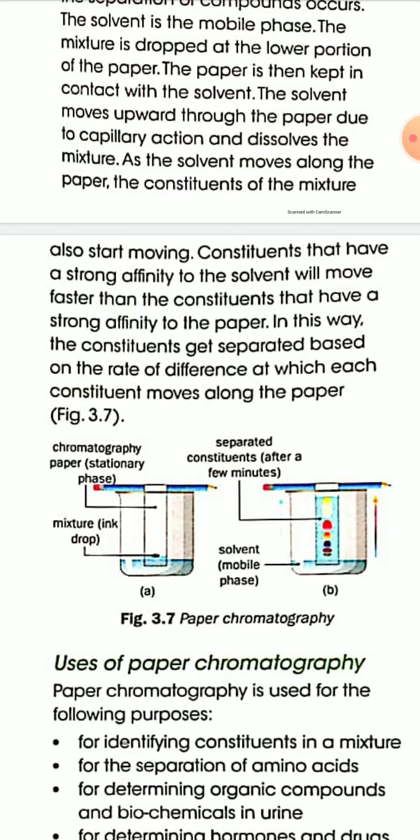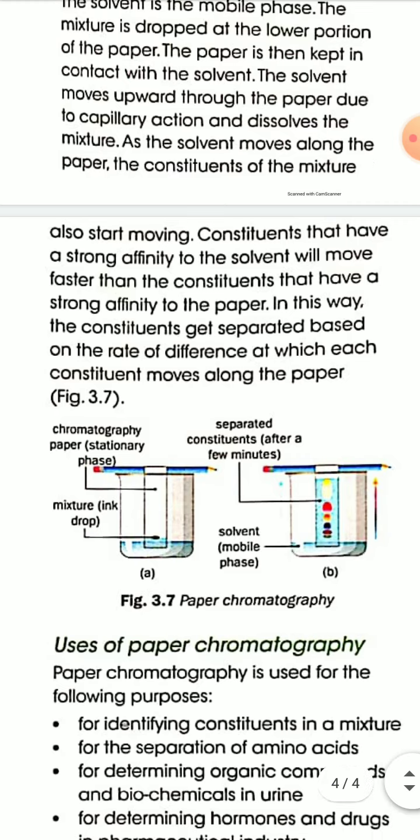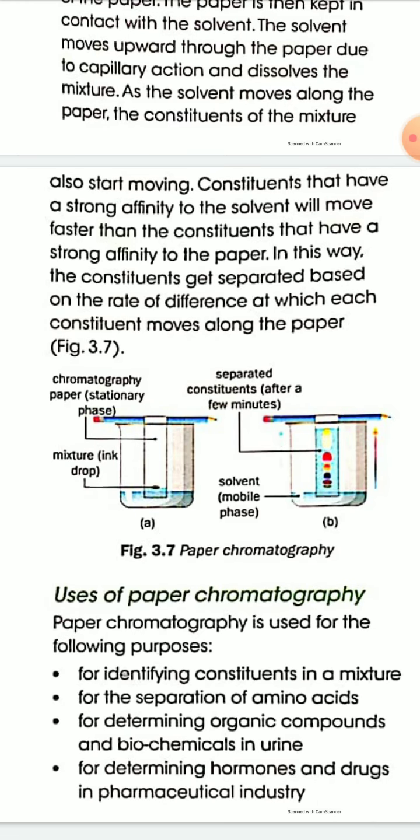So, uses of paper chromatography. Paper chromatography is used for the following purposes: for identifying constituents in a mixture, the separation of amino acids. You have to remember the uses of paper chromatography.